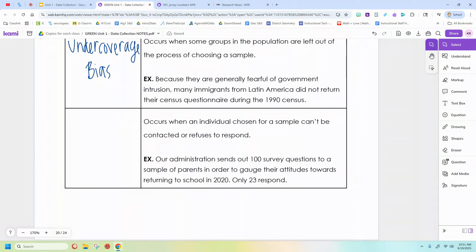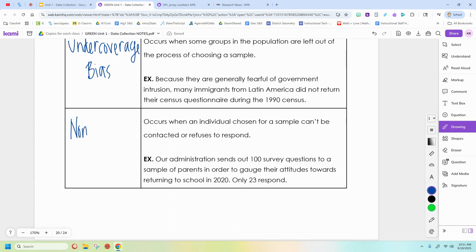Next one, non-response bias. This occurs often as well, and it's one of those things that we try to affect. For example, that Reese Marketplace survey about selling candy, fruit snacks, beef jerky, things like that.